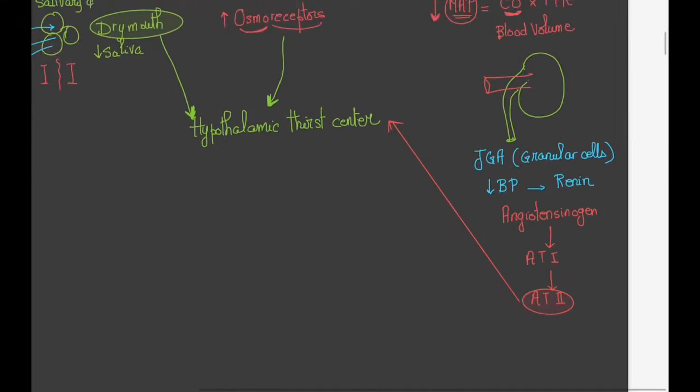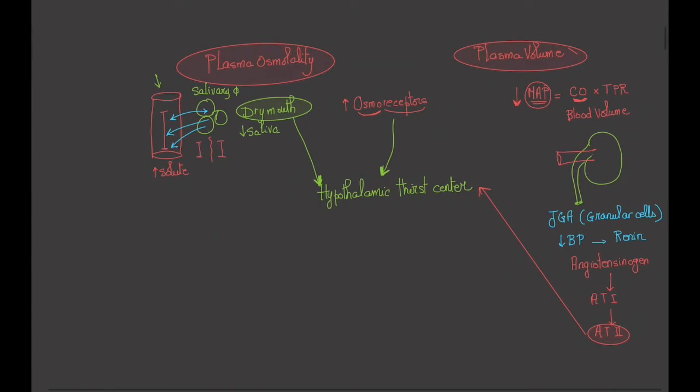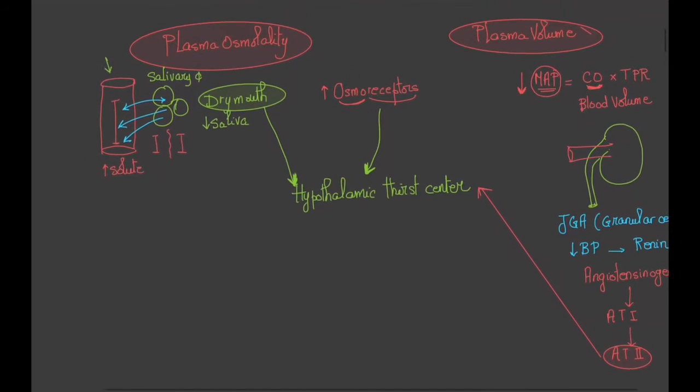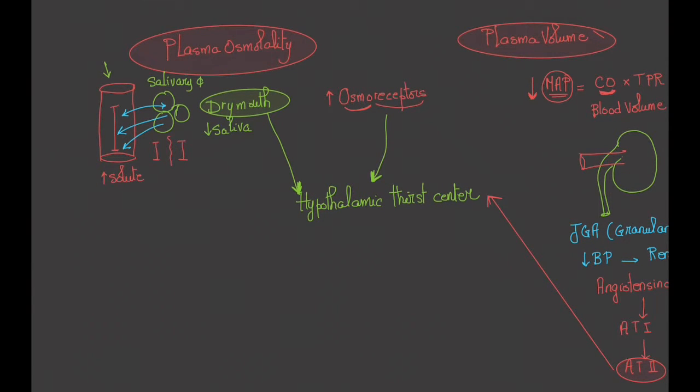So again, how do I activate the hypothalamic thirst center? First one is by activating the osmoreceptors, resulting from the increase in the plasma osmolarity. I will get dry mouth, and the activation of the osmoreceptors will activate the hypothalamic thirst center.